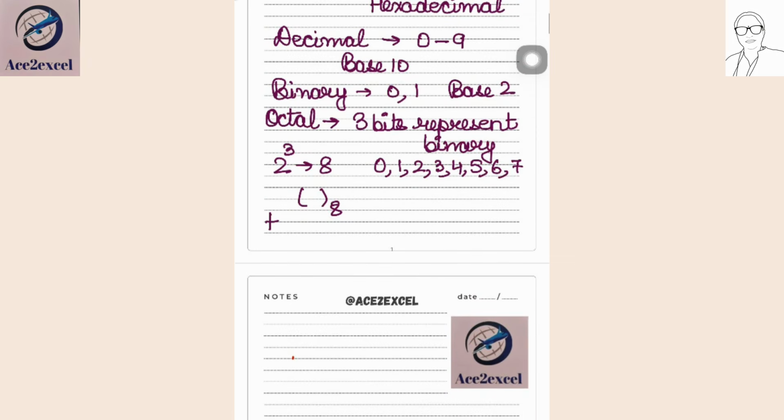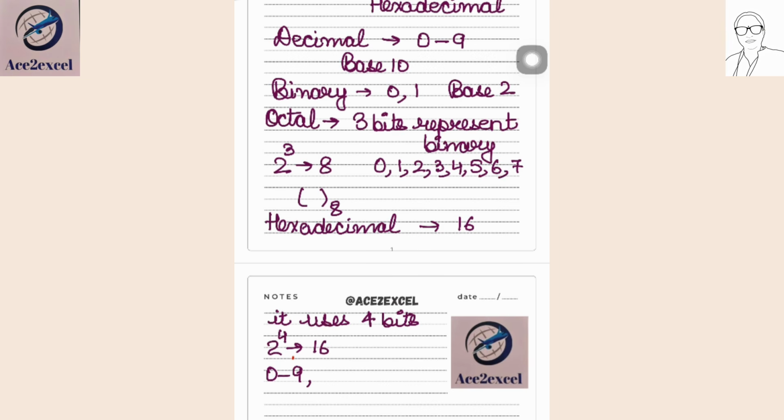Then comes hexadecimal. Hexadecimal is base 16. It uses 4 bits to represent a number. 4 bits means 2 raised to power 4, 16. Directly 0 to 9 will be there.